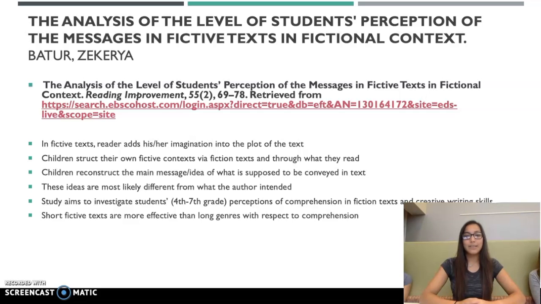And these ideas, as I stated before, are most likely different from what the author intended. This study aimed to investigate students from 4th through 7th grade and their perceptions of comprehension in fiction texts and creative writing skills. Short fictive texts are more effective than long genres in respect to comprehension.